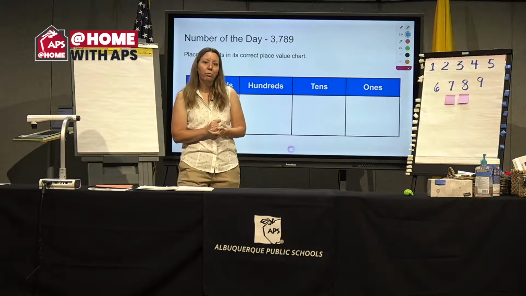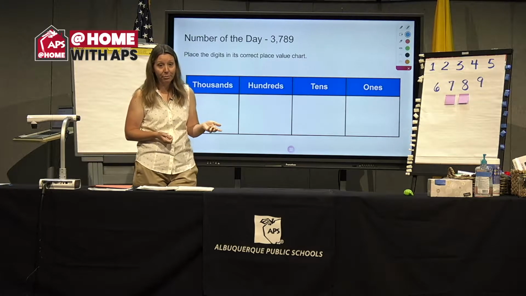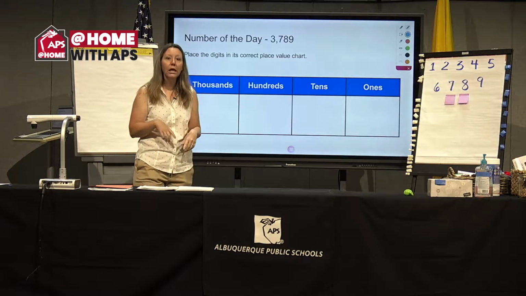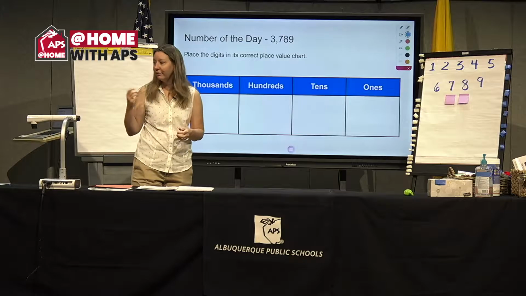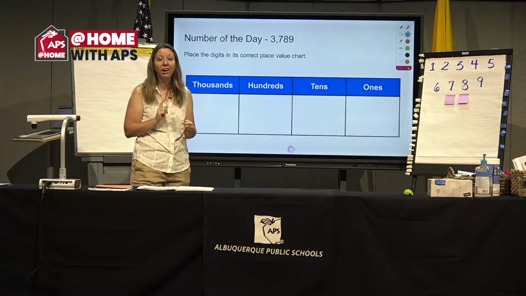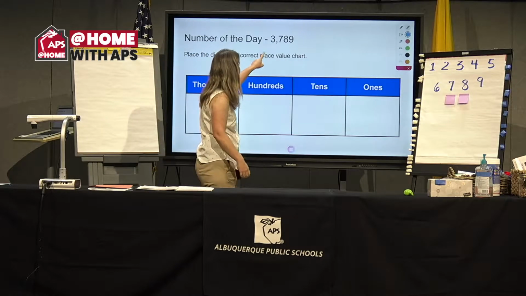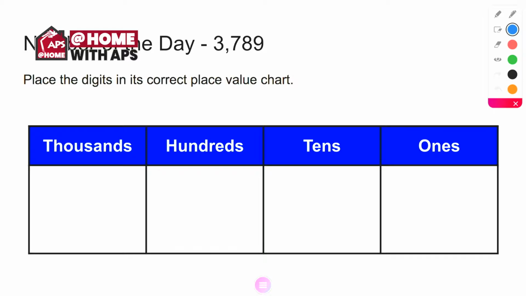Today we're going to start with a number of the day. I have the number 3,789. If you were here last week, one thing that Mrs. Sears and I keep working on is not saying "and" when we're saying the number. We want to say 3,789. There is no "and."